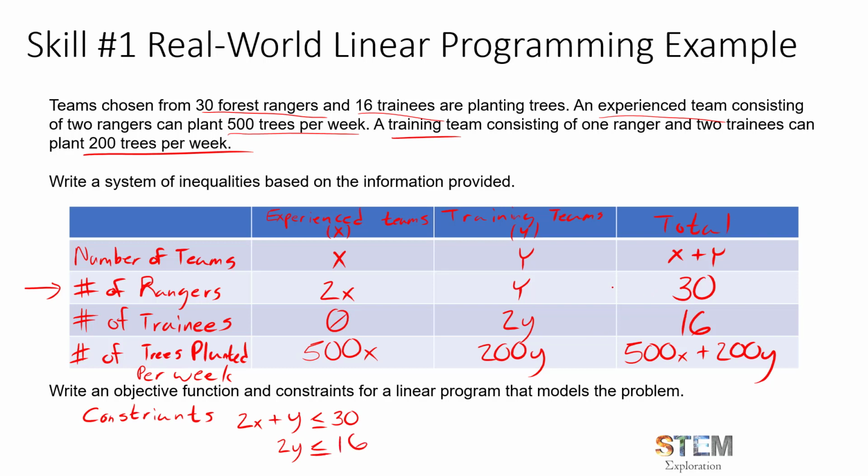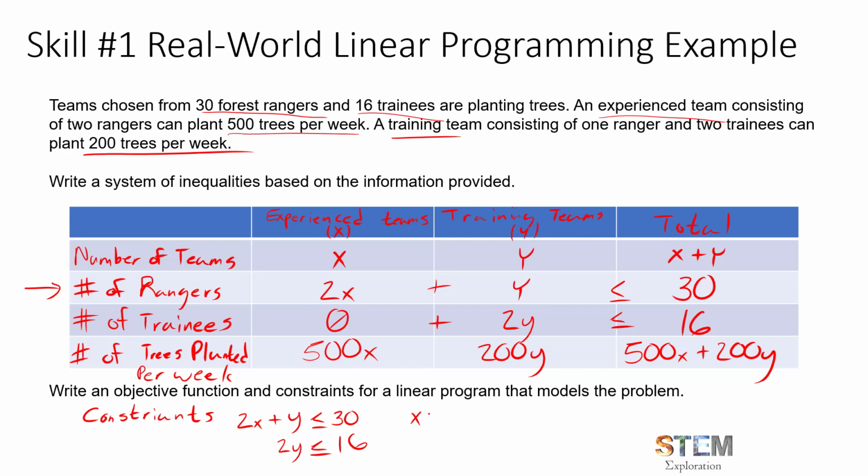And so every single one of these type of equations I can go and turn into an inequality. I can take each row of information and try to turn it into some type of constraint. And those are going to be 2 of our main constraints.